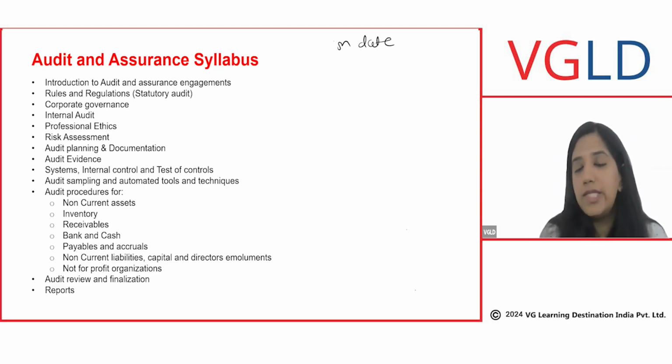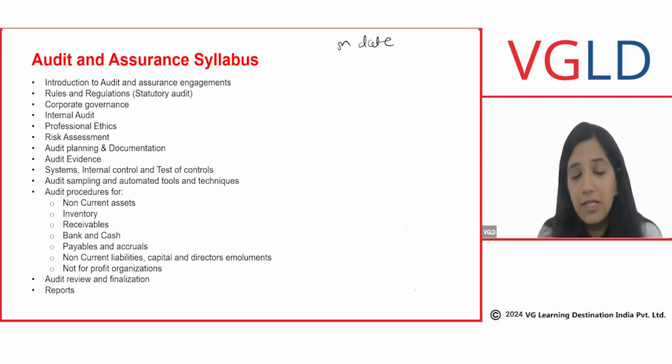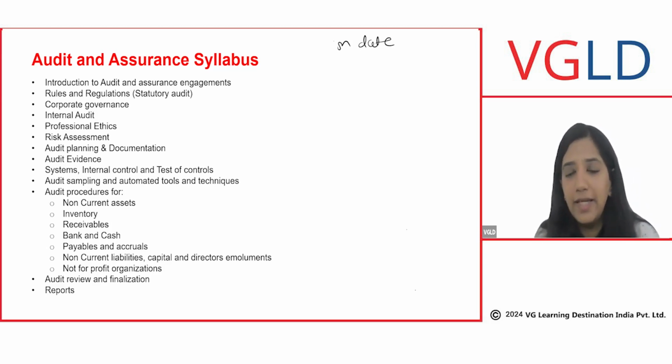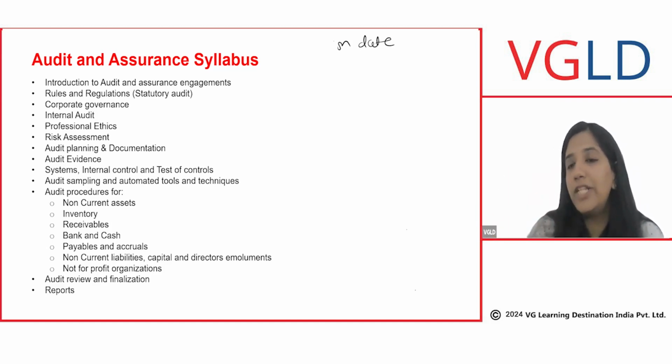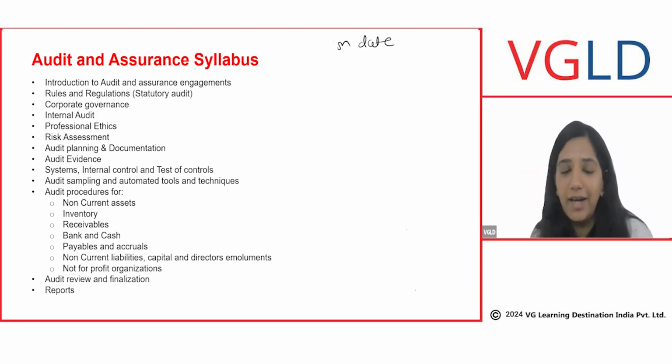Then automated tools and techniques. At clients' places in industries, now most of the things are automated. So you cannot go by your traditional approach of ticking, that this is the control, is it working properly or not, and go and check a voucher, that yes, this is written, this should have been written, this was written or not written.